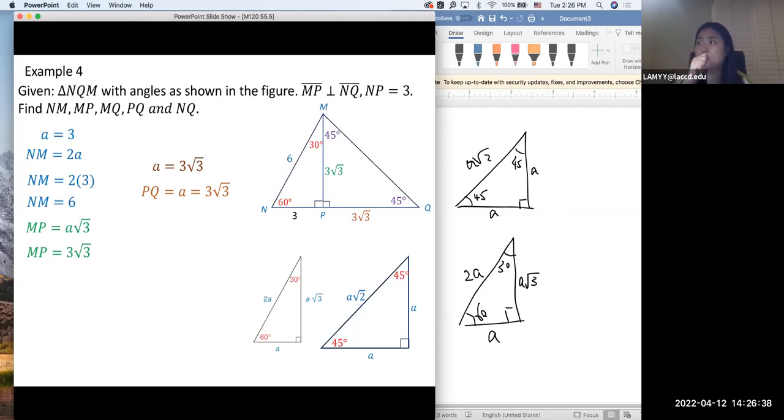Okay, right, so far? Now, the last one, the hypotenuse, that will be A square root 2. So you're gonna plug it in, MQ equal to A square root 2, and your A equal to 3 square root 3. Simplify it. So you're gonna get MQ equal to 3 square root of 6. Got that?